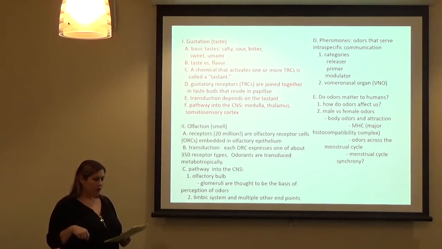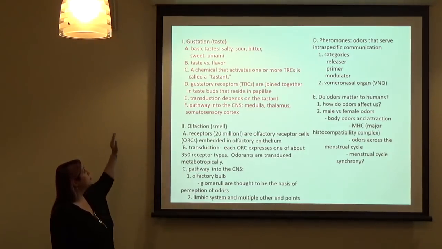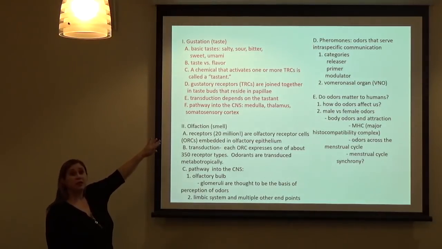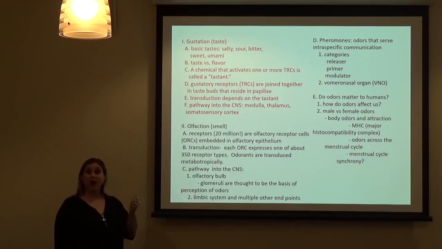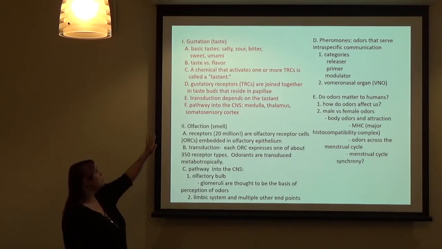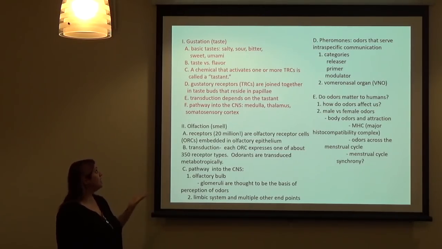So I'm going to talk about all of those, and then I'm going to talk about the names for the cells, which are TRCs, taste receptor cells, and the chemicals that are received by taste receptor cells are called tastants. So any chemical that is in your food or any other substance that you can taste is called a tastant.